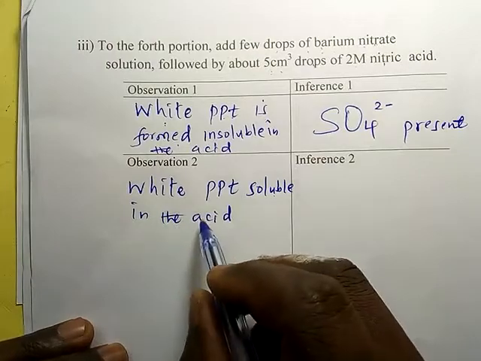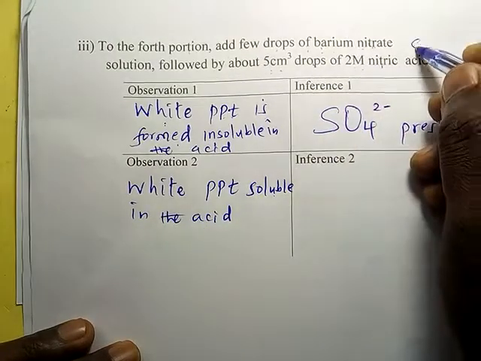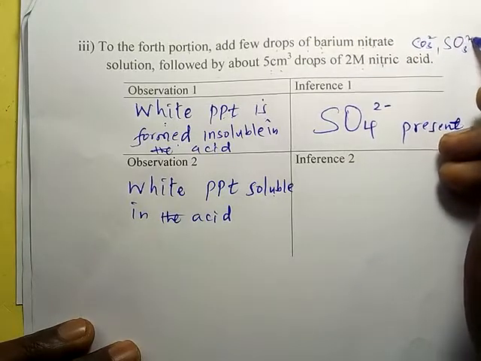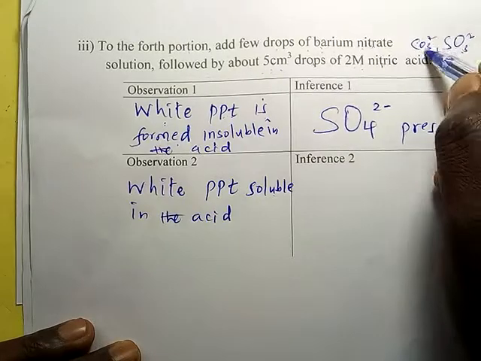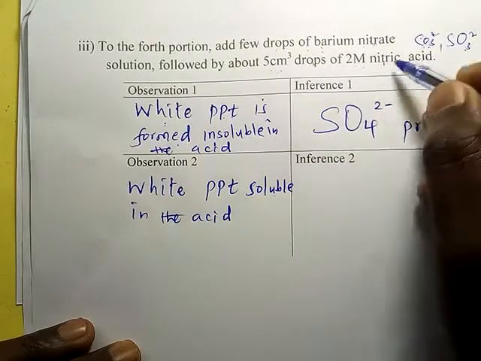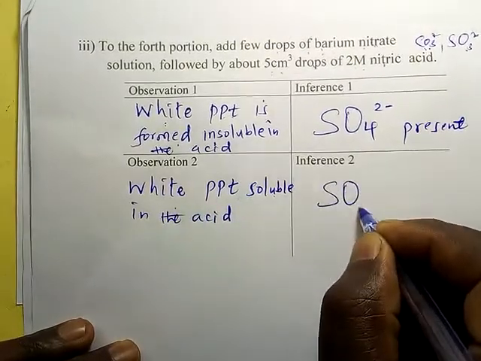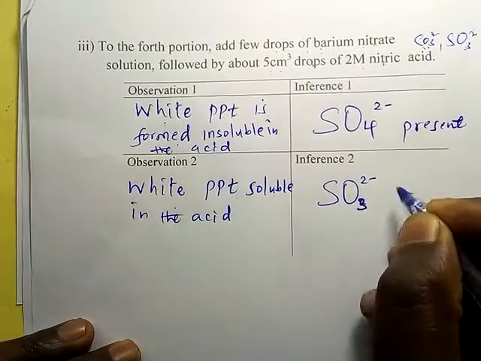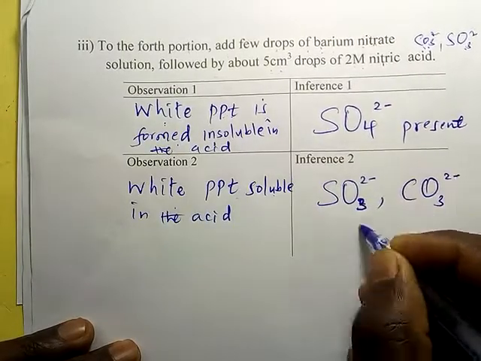So if that happens, it means inside there was a carbonate or a sulfite, because a sulfite and a carbonate will undergo neutralization to form a colorless solution. So if this happens, then the sulfite, SO3 2-, and the carbonate are present.